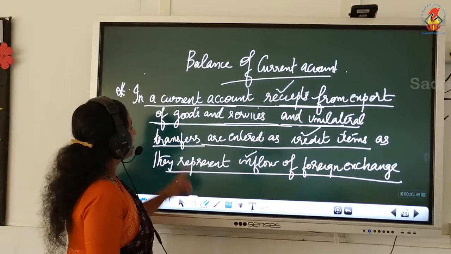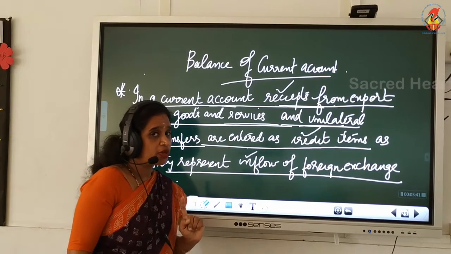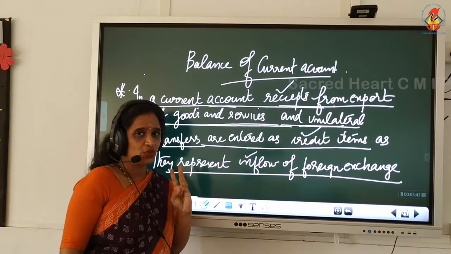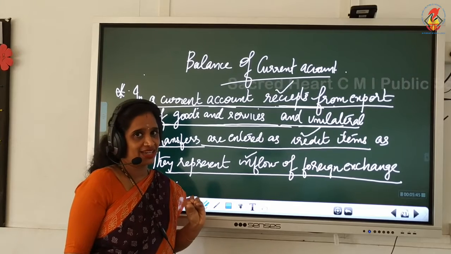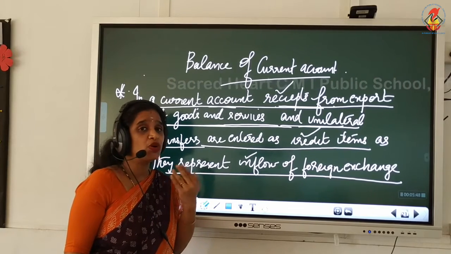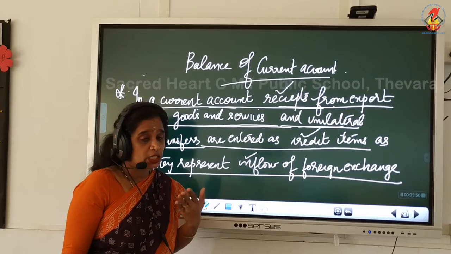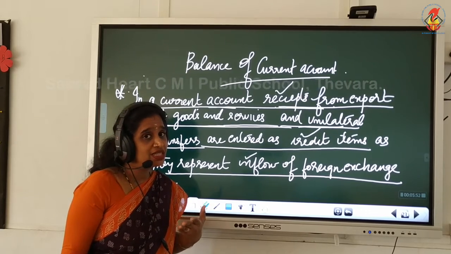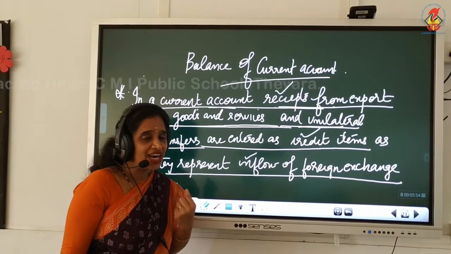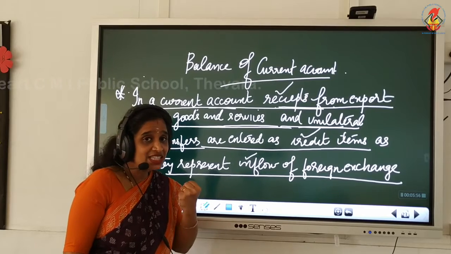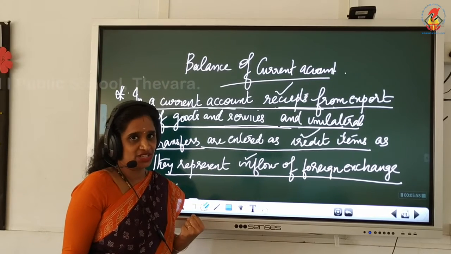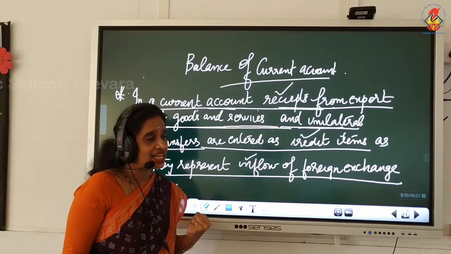So once again, in a current account, there are how many components? Three components: visible, invisible, unilateral. So I am taking the export of all these three items. Export of all these three items means we are getting money by selling that. Therefore, there is inflow of foreign exchange. So it will be recorded on which side? Credit side.